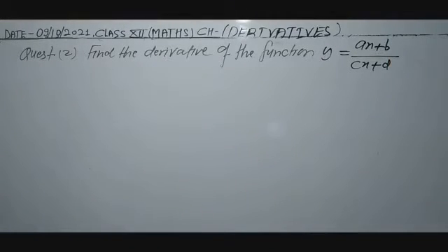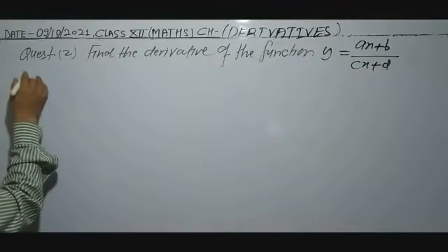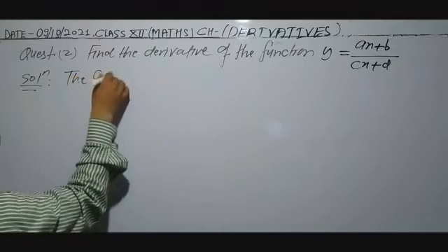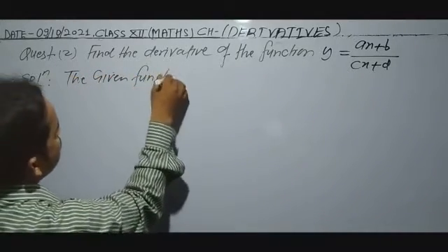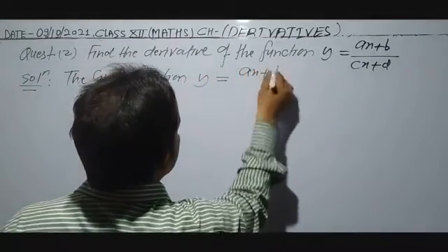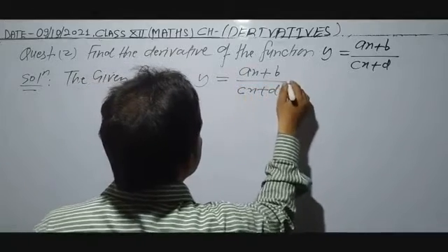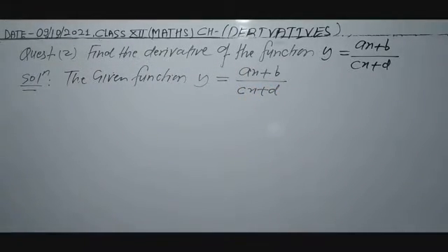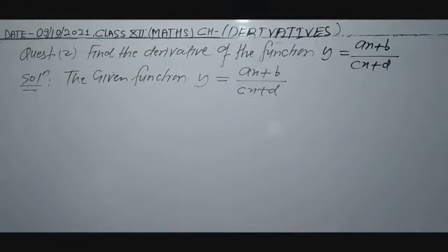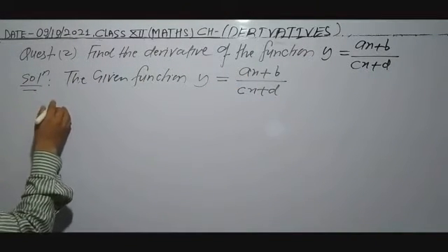We have to differentiate this function. It is not mentioned to use first principle, so you can apply a single formula, that is the quotient rule. So see the solution. The given function is y is equal to ax plus b upon cx plus d. Now this function is of the type of fraction function, so you will apply the quotient formula.